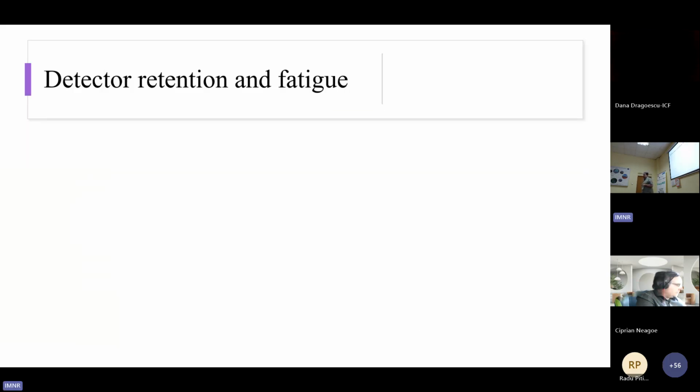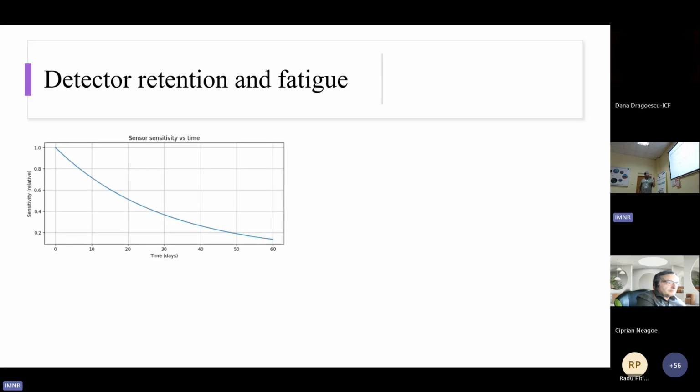In the end, I tried to look at the retention and fatigue of the detector because a commercial one would be used constantly. For the evolution of sensor sensitivity in time, we can see that it decreases in time. After around 20 days, we have a decrease of half in the sensitivity.